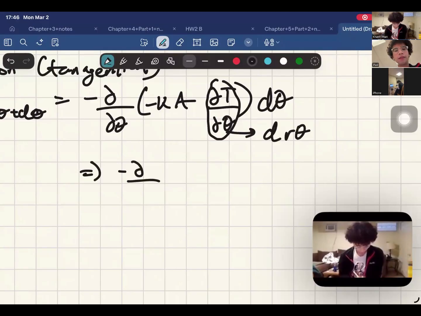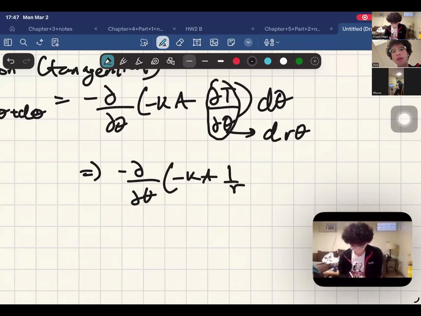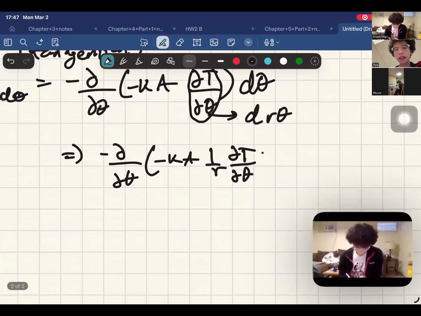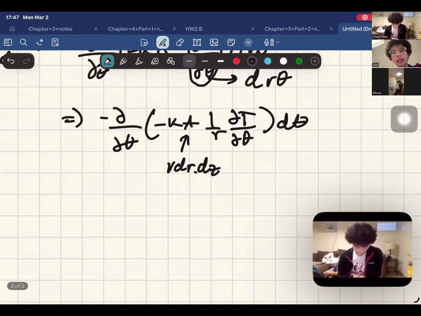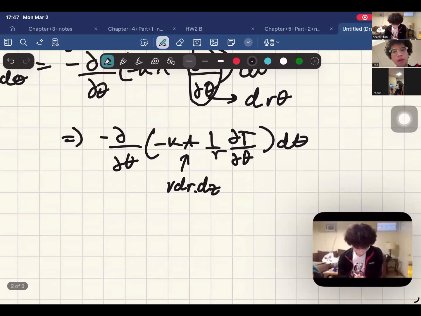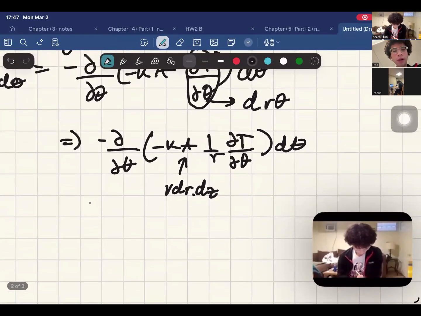So finally we would have negative k area times 1 over r dT d theta. And then r is still a constant, and then times d theta. And then the area, we would have dr times dz. And so we were able to move r and dr over to the other side.